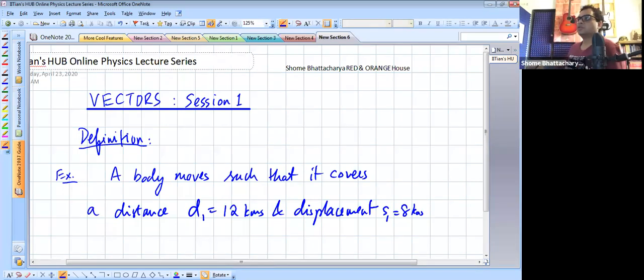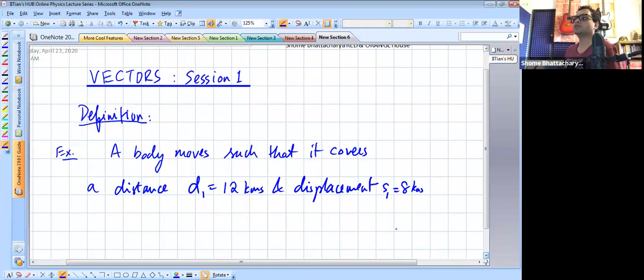Yeah. So let's understand this example again. It covers a distance of so much, whereas it covers a displacement of 8 kilometers. You understand that distance can always be larger than displacement. So that's why this one is 12 kilometers, whereas the displacement is 8 kilometers, from, let us say, 12 to 12:45 p.m. Okay.